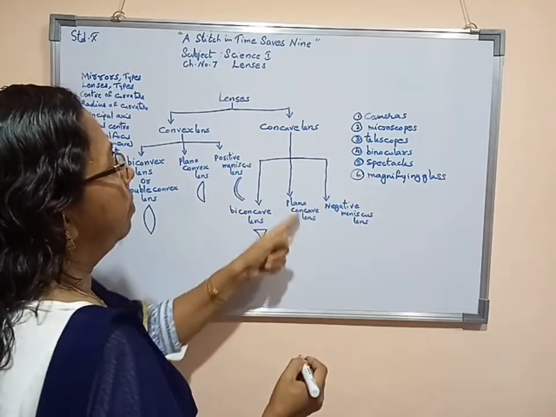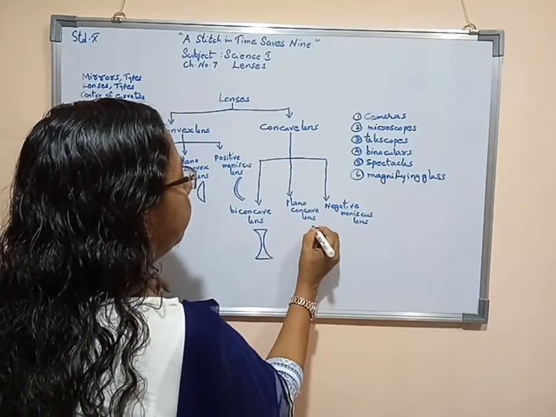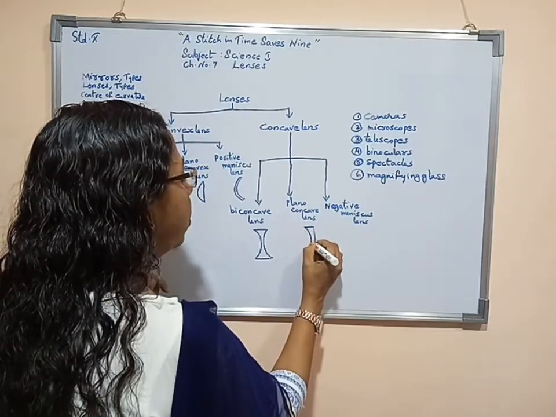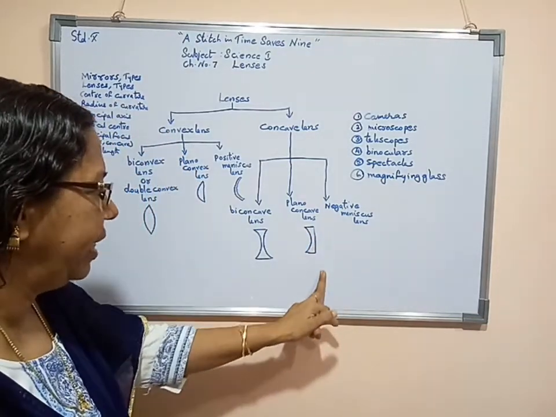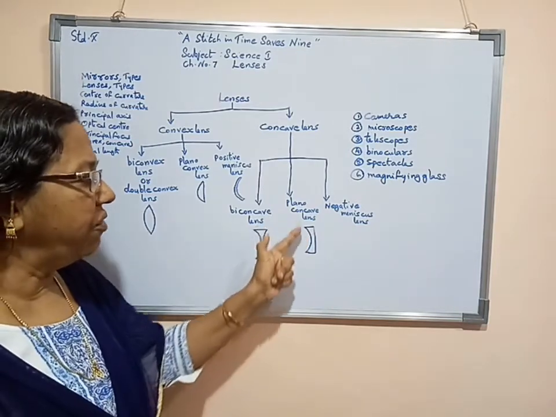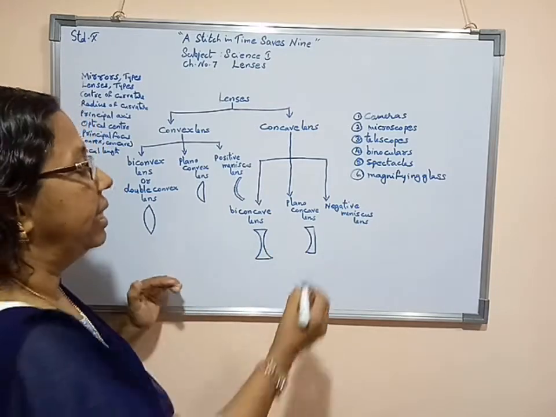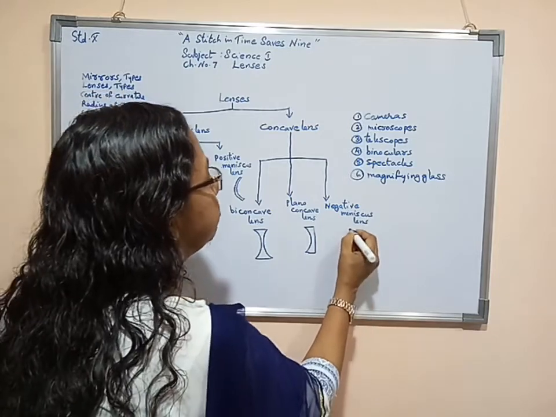Now what is Plano concave lens? One surface will be plain, and the other surface will be concave. So this is the Plano concave lens. Now what is the example for negative meniscus lens?